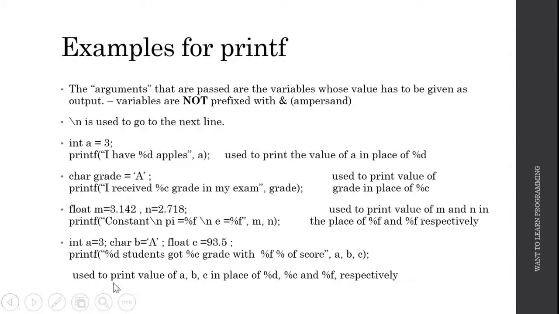Instead of %d, a will be printed, that is 3. Instead of %c, b will be printed, and instead of %f, the value of c will be printed. So the final printf would be 3 students got A grade with 93.5% of score.